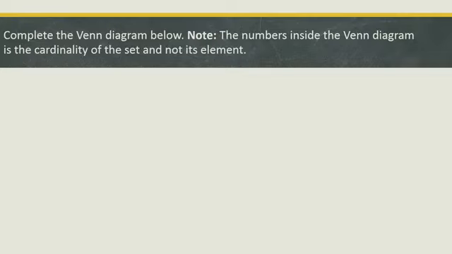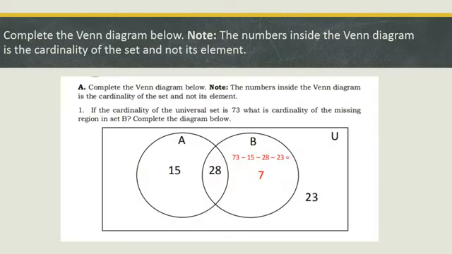Ang cardinality kung pila ka elements ang naa sa sulod. Okay? So, let's say for example this one. Naa ni sa inyong module or sa inyong mga books. So, complete the Venn diagram below. Take note, the numbers inside the Venn diagram are the cardinality of the set and not its elements. Meaning, kaning 15 ug 28, dili ni sila elements. Meaning, there are 15 elements nga naa sa imong A.